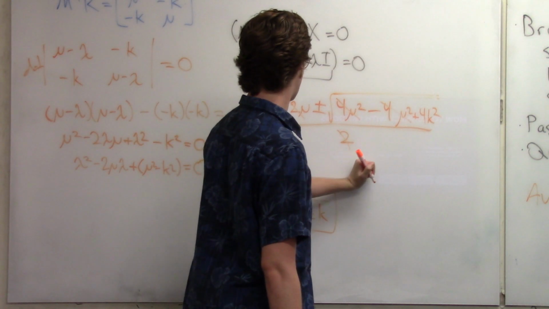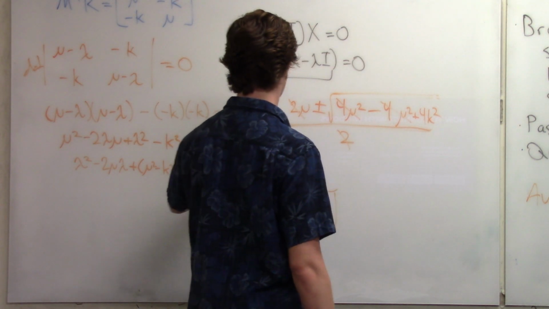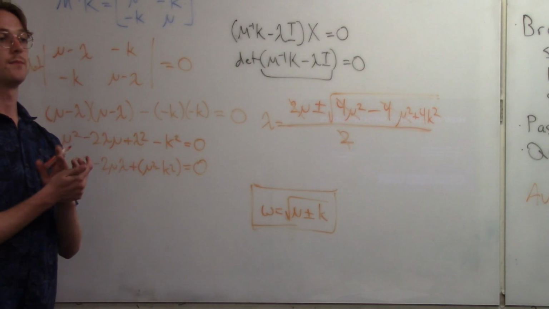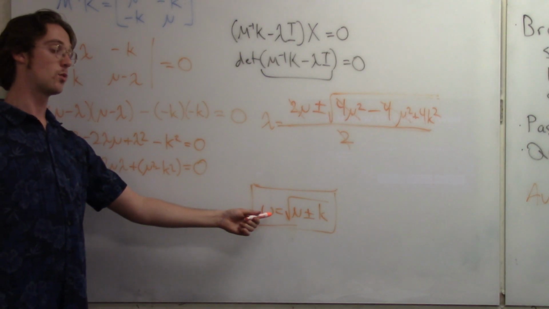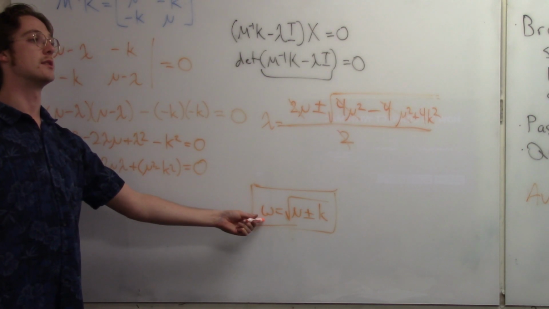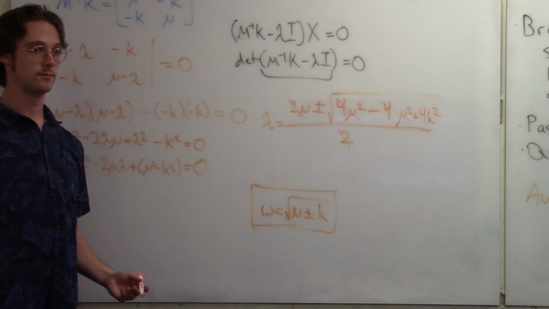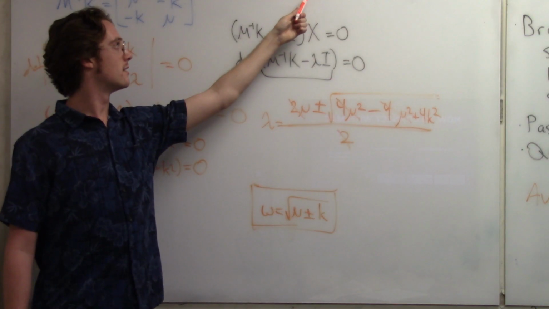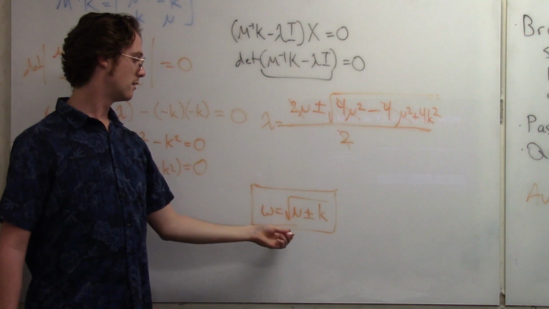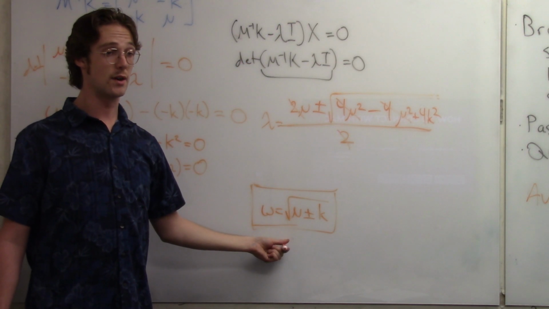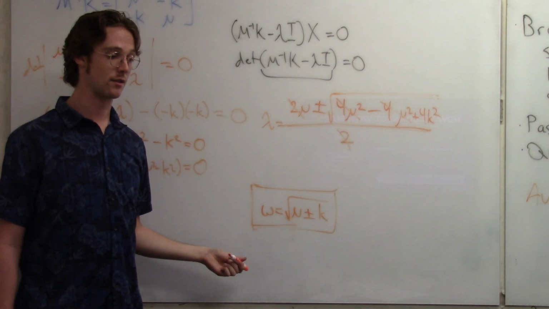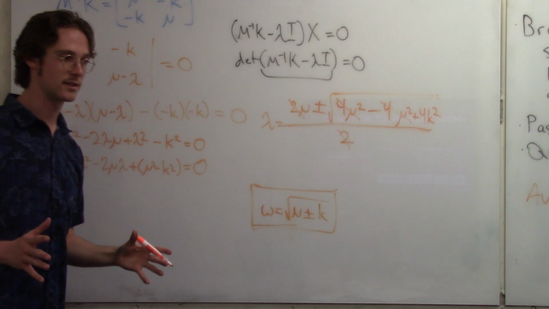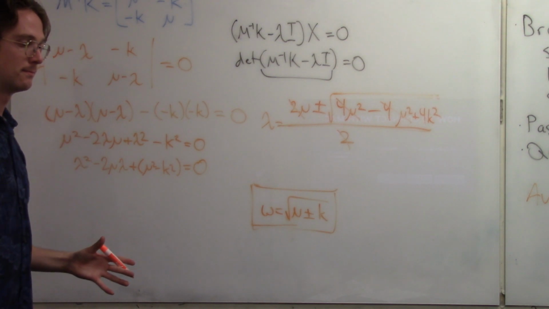You will get points off if you do not do this last step right here, where you take the square root and find the natural frequencies, not the eigenvalues. So remember the 11th commandment here, that lambda is equal to omega squared. Make sure you arrive at omega, because that's what he's asking for. Does this make sense? Any questions on this problem?